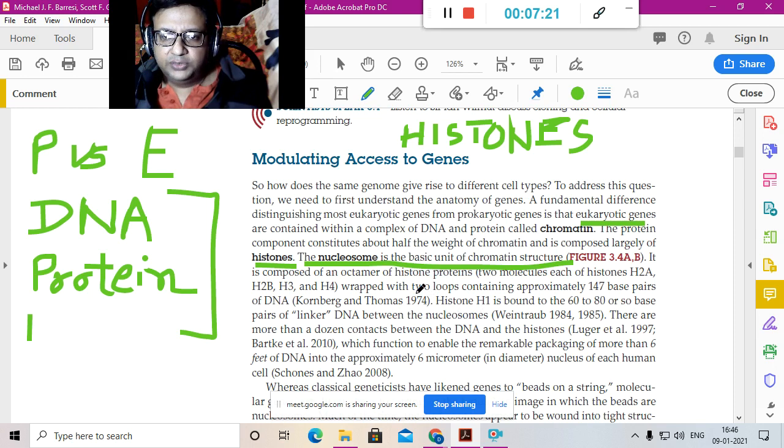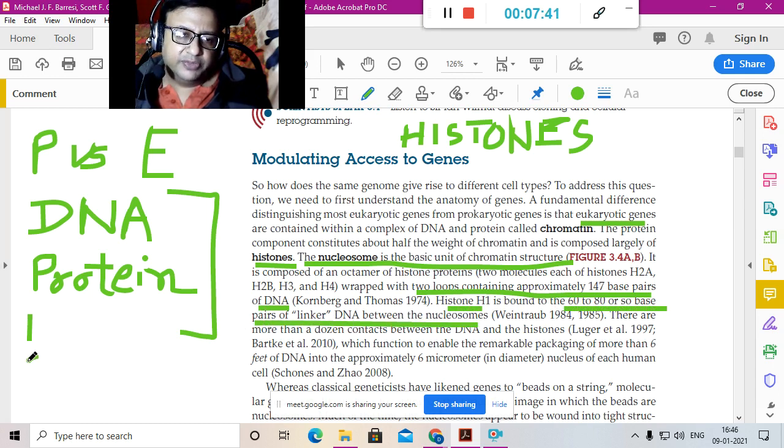The DNA is wound with 2 loops containing approximately 147 base pairs of DNA. Histone H1 is bound to the 60 to 80 or so base pair linker DNA between the nucleosomes.